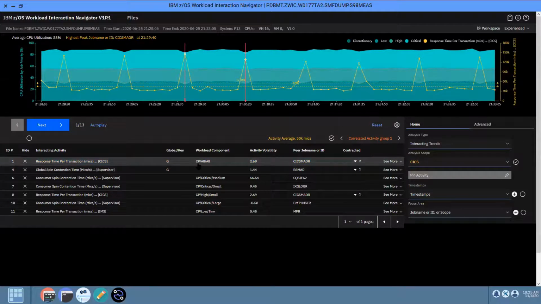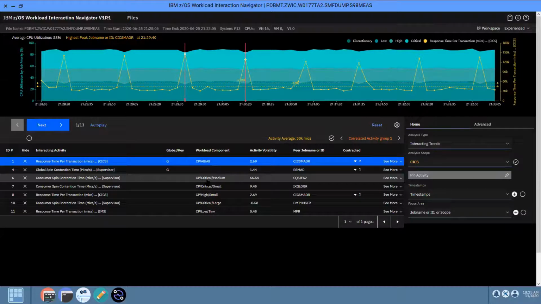So we have a workload component of CP all, so if something happens in there that affects the whole workload. There are also individual activities that don't have a workload component but are effectively workload-wide. And then there are activities that are workload component specific, which means they affect one of the cubes on Dan Wigan's chart.